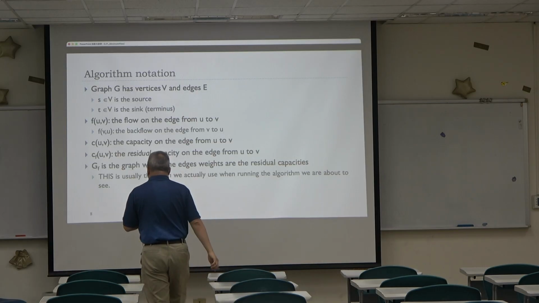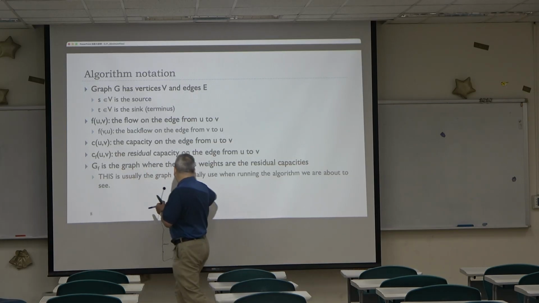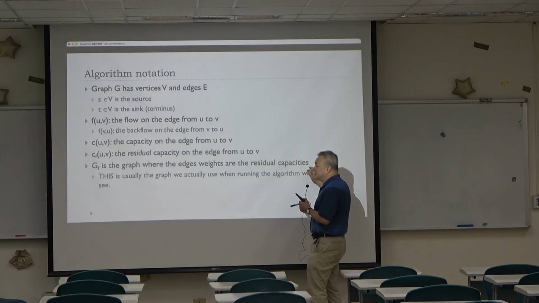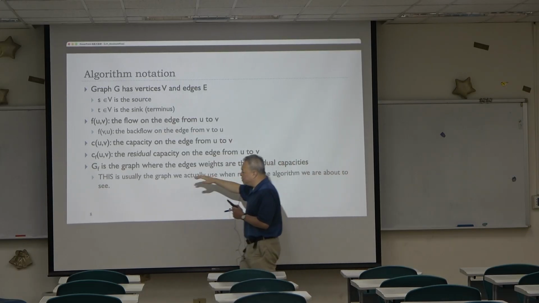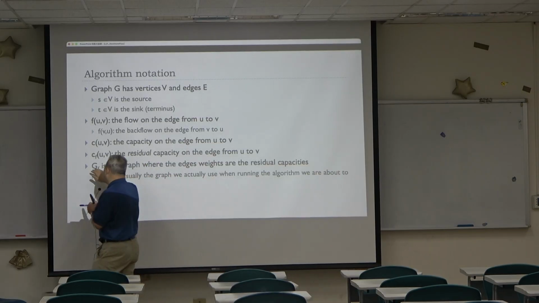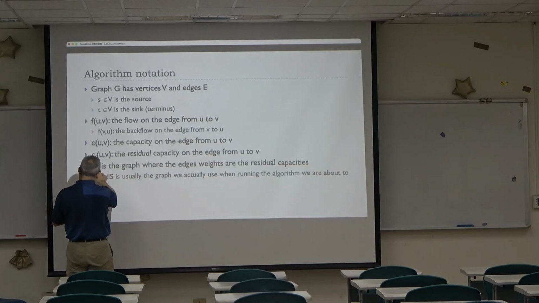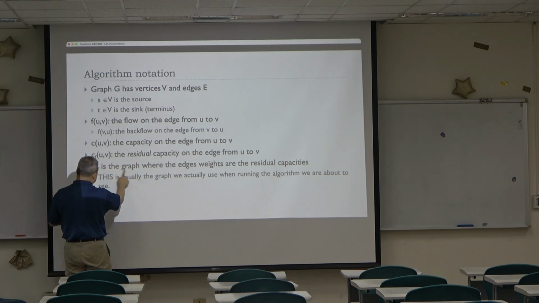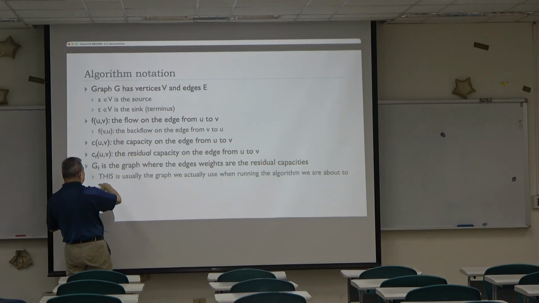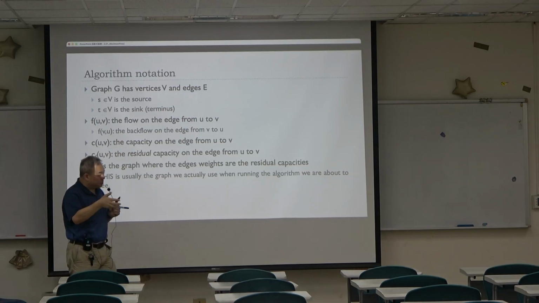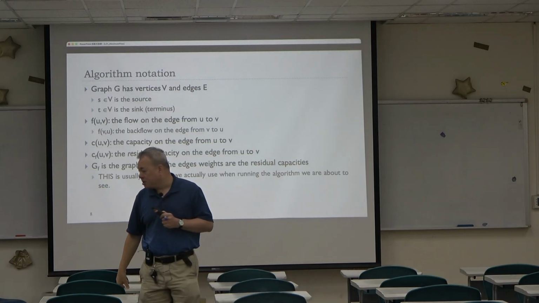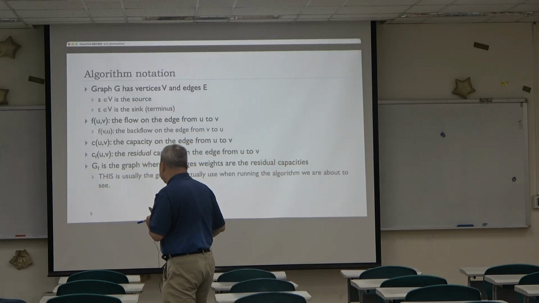And Gf is the graph where the edge widths are the residual capacity. So in Gf, we only consider cf. This notation is used for our flow network, for the Ford-Fulkerson discussion.